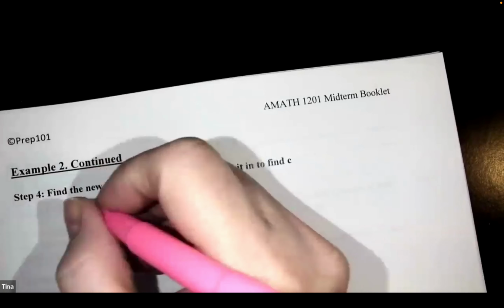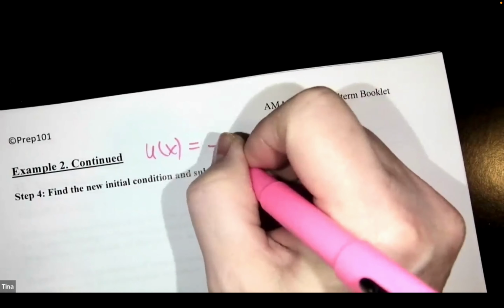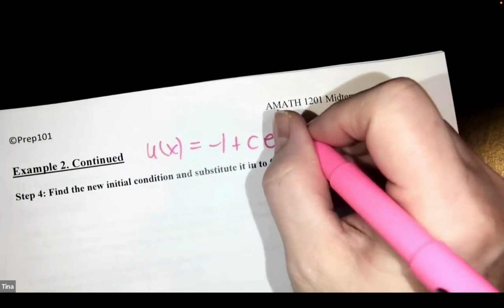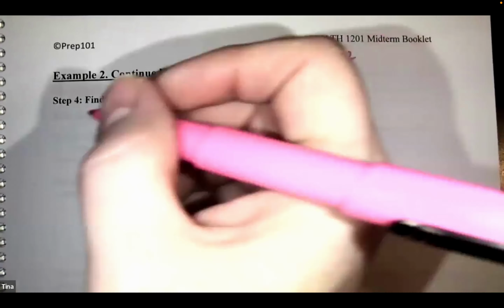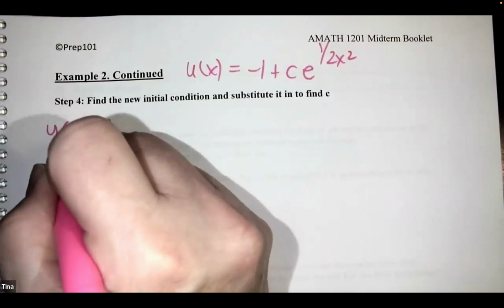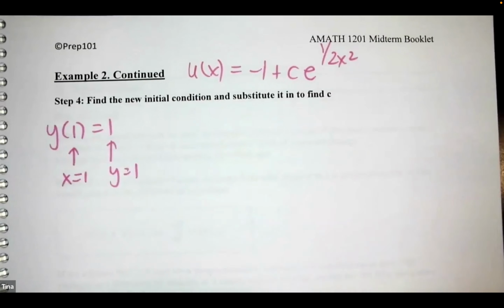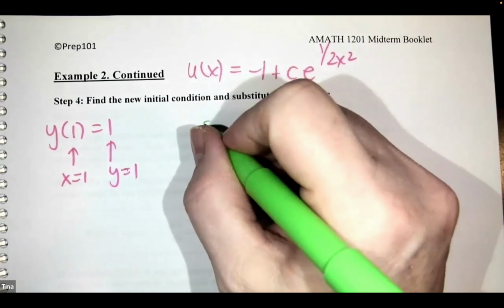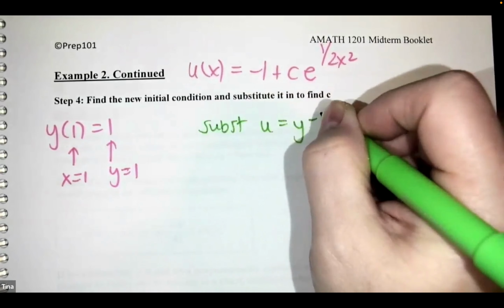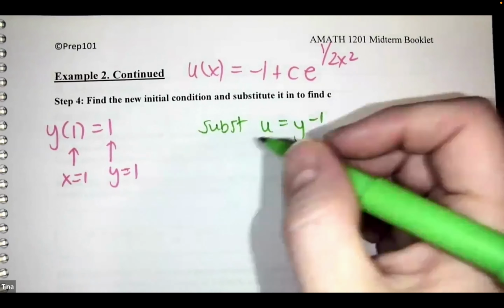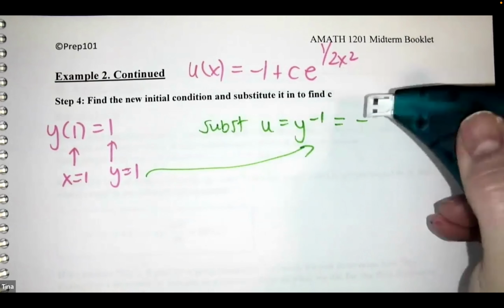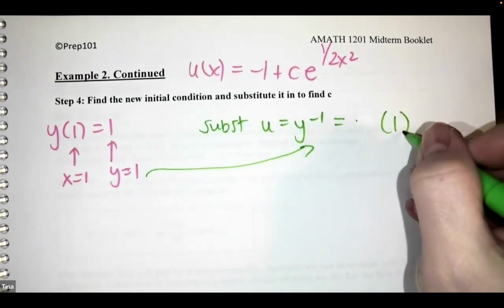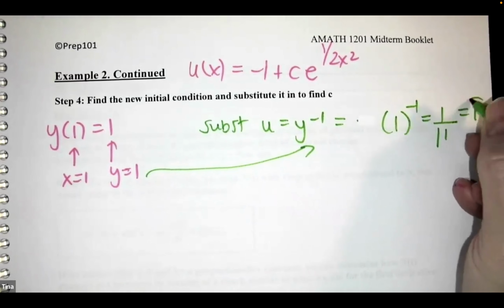Okay, so I've got u of x is -1 plus c e to the 1 over 2x squared. And I had y of 1 equals 1. And in the very first step, I had said my substitution was u is y to the negative 1. So that means u would be y to the negative 1. So y is 1, so that's 1 over 1, which is 1.